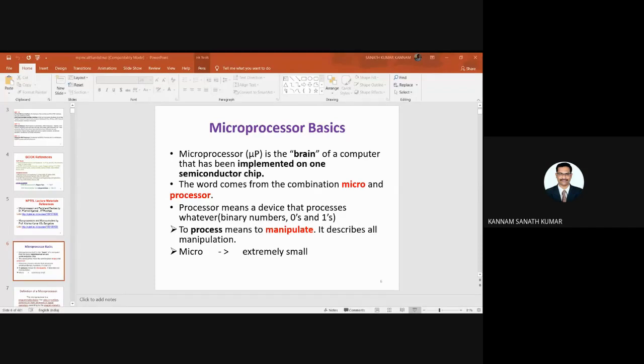Okay, and next accounting system. Accounting system means we can use the microprocessor in the accounting system, games machine, instrumentation, traffic light control. So traffic light control, if you see, based on the traffic condition, that means if more traffic is there, we should set the timer in such a way that we control the four sides.